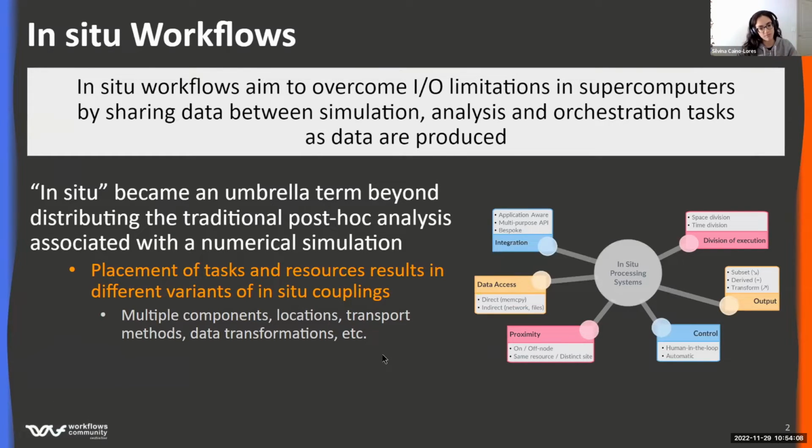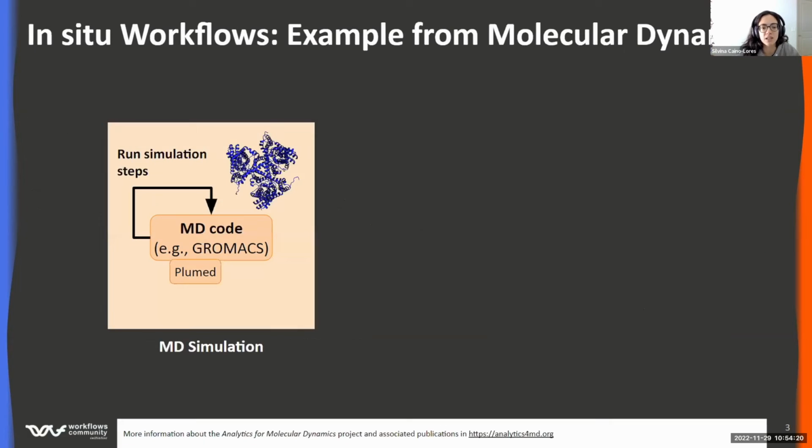But for the scope of this very, very short talk, let's look at a very simple example, like the minimum example of what an in situ workflow can be. So I work in molecular dynamic simulations. That's one of the domains that we currently work with. And in this particular case, let's assume that we have a molecular dynamic simulation, essentially just a particle simulation.